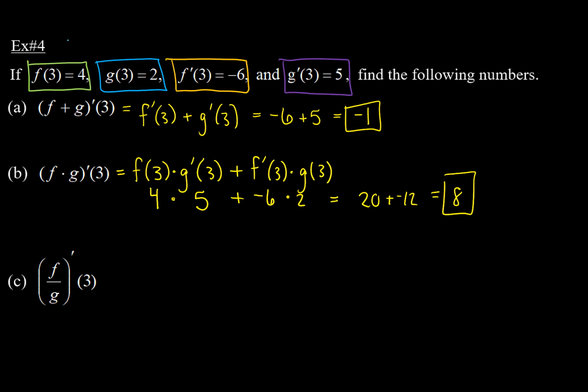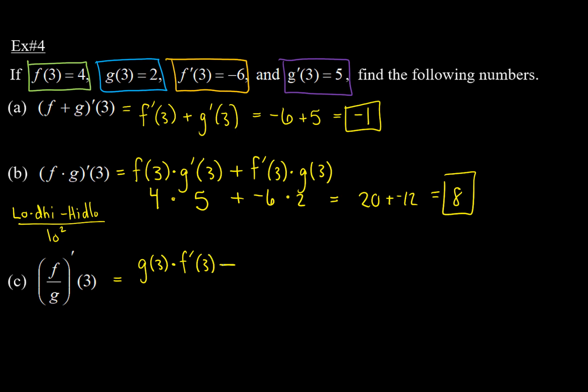The next one, we've got to use the quotient rule. All right, remember, low d high minus high d low, all over the bottom squared we go. So my low is g of 3 times my low d high, so f prime of 3.